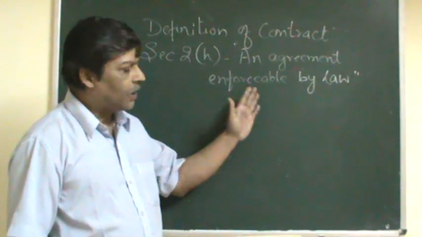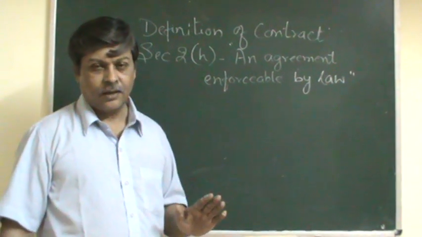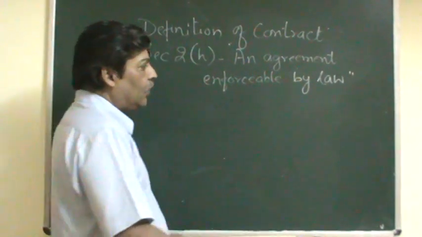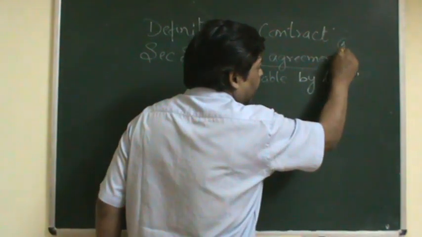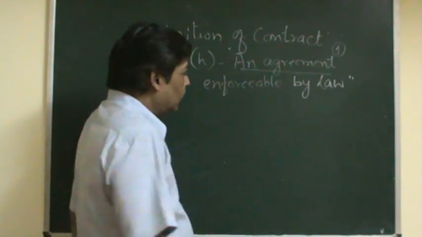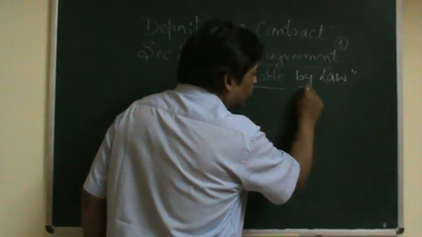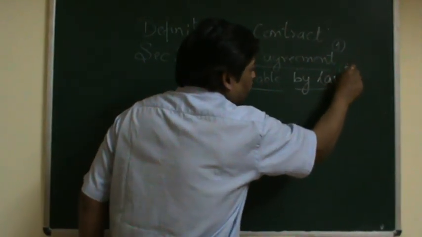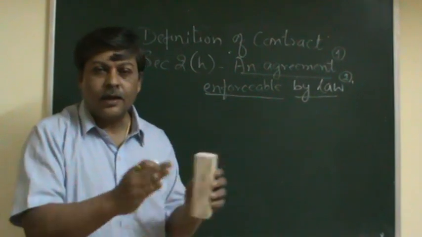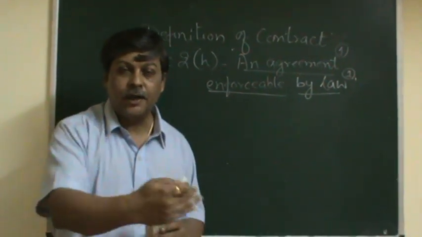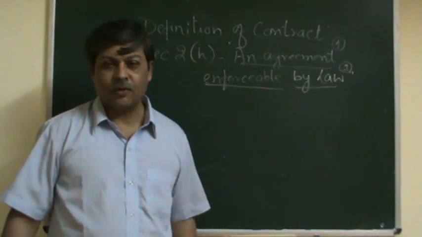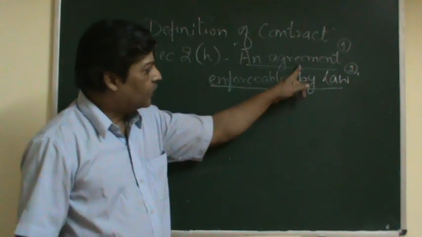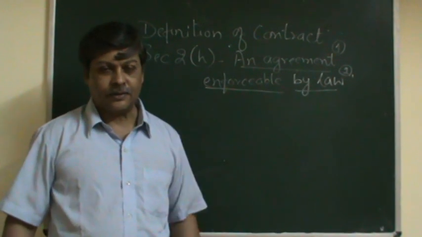Broadly, you can analyze the definition in two parts. It is an agreement: this is the first part. The second part is enforceable by law. By dividing the definition in two parts, we will try to understand the meaning of the contract. What is an agreement?